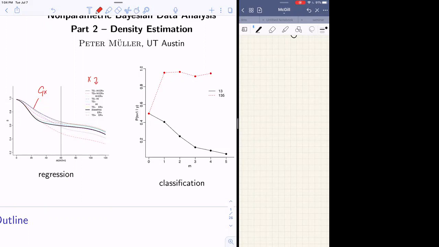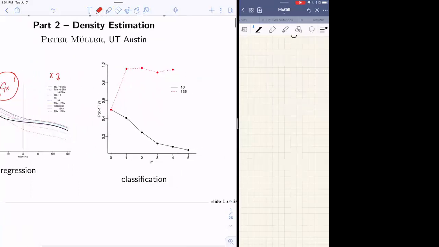It's time to progression, or it might be overall survival. And you can see how there are different distributions for these patients. That's what the whole story will be about. Rather than using parametric models, we'll use BNP priors for these unknown distributions. In the right panel, you see a little twist.